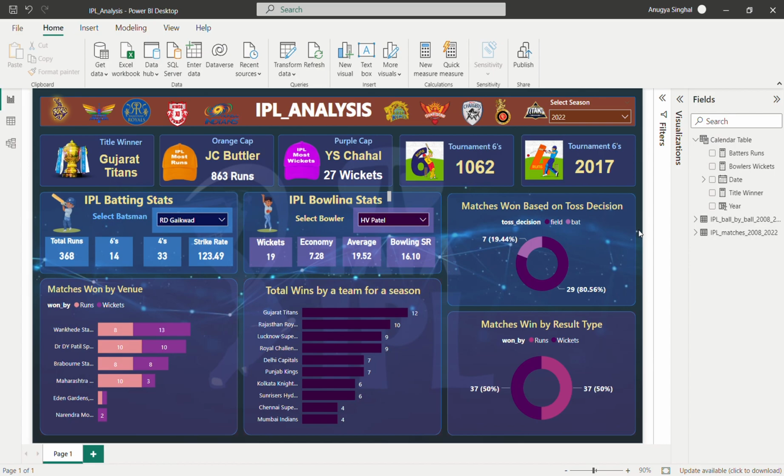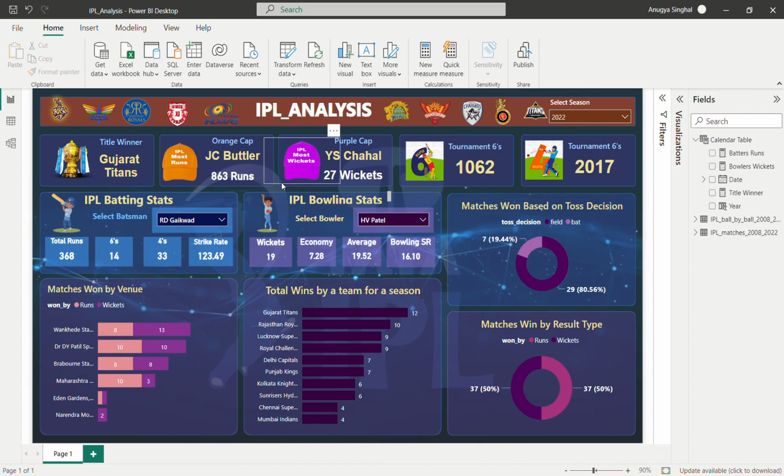If we are talking about the second point, which is the successful players of all the seasons, we can see that in the 2022 season, JC Butler got the Orange Cap title with 863 runs.